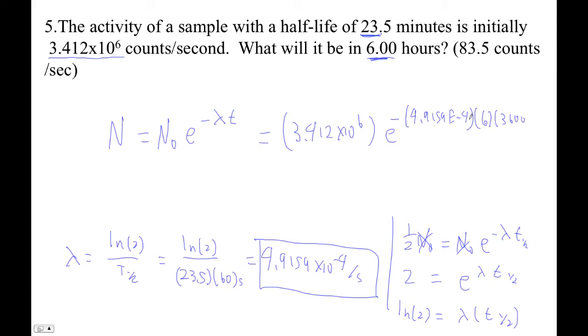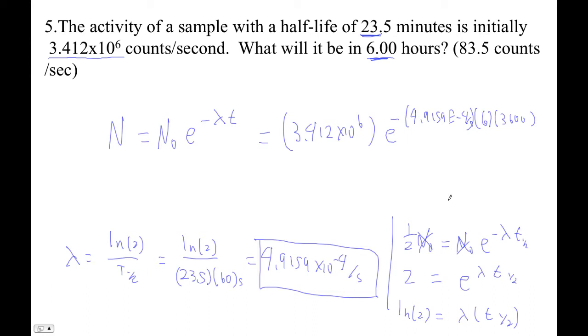Now, the fact that that's per second tells me I've got to put in a time here that's in seconds. Okay, here we go. So 3.412 E6 times e to the opposite of the lambda I just got, times 6 times 3600.